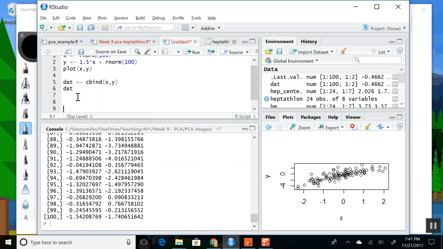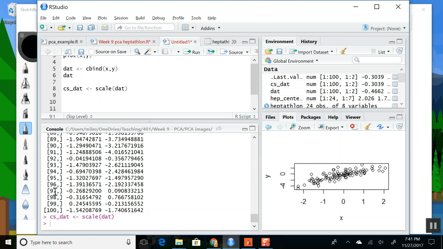To do this using principal components analysis, I would center our data. So I'll call the centered and scaled data CS_dat. The function scale_dat just does this for me.